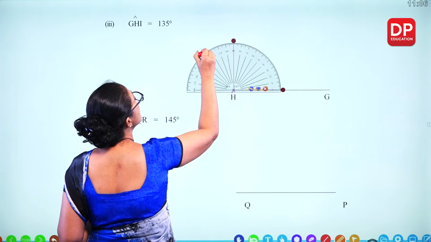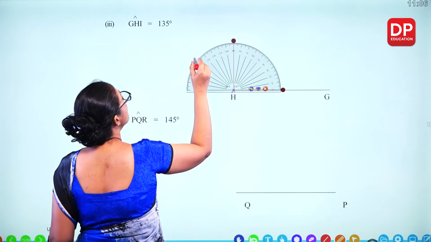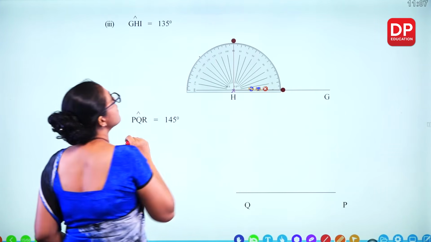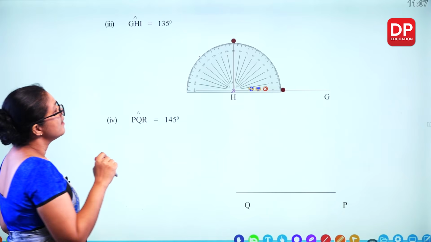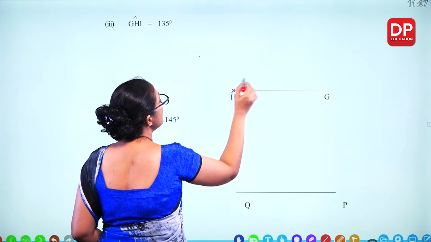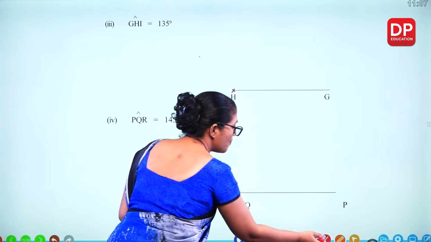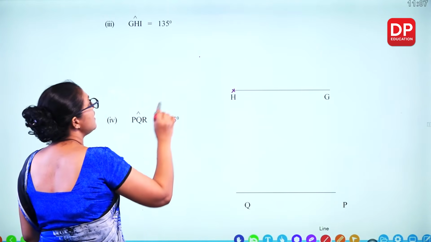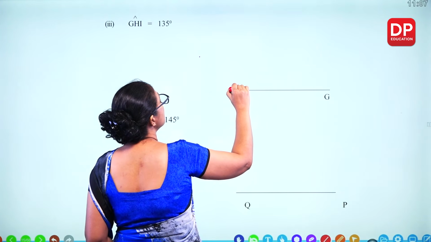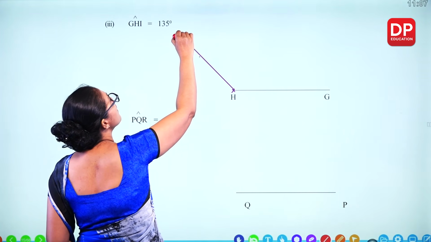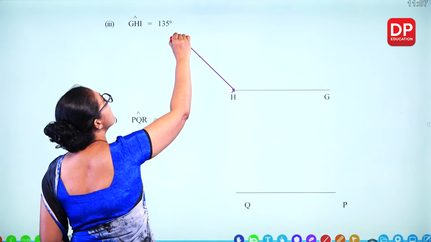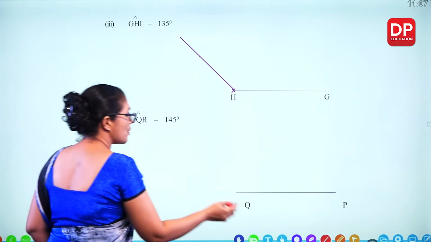So this is 135. Then take the ruler and connect. So I'll take my ruler here and you can connect here to here. So what's the angle there?